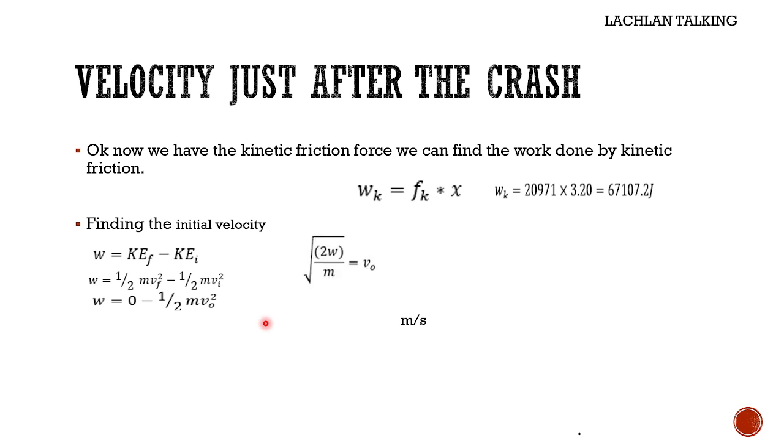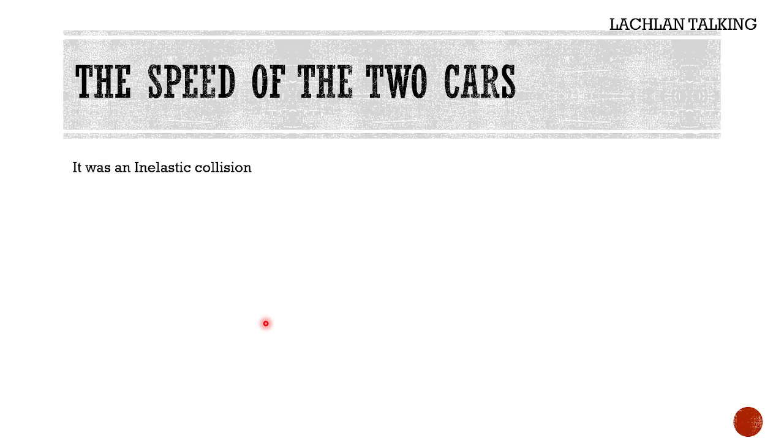Rearrange that to get the initial velocity. So it'll be the square root of 2 times the work done over the mass, which will give us the initial velocity. Punching in numbers, we get 6.6 meters per second.